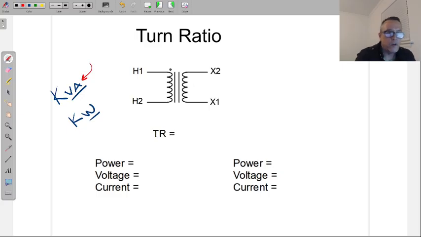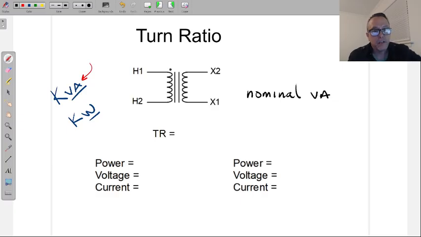The code book and other places will use the term nominal. Nominal VA, meaning this isn't real wattage being consumed or used by this light bulb or this transformer, but when this transformer is in use, or when this light bulb is on, it will produce X amount of VA, we estimate.